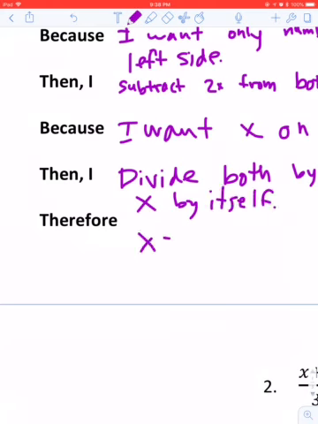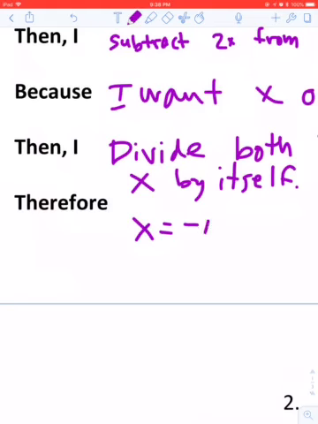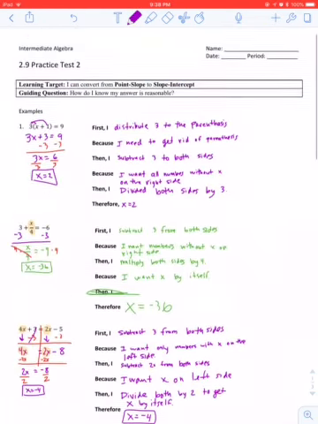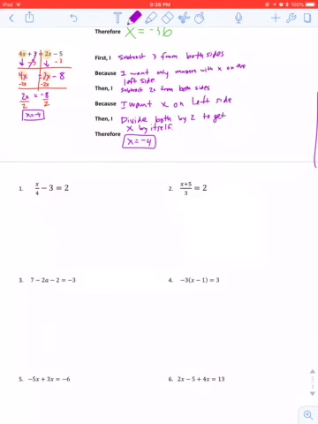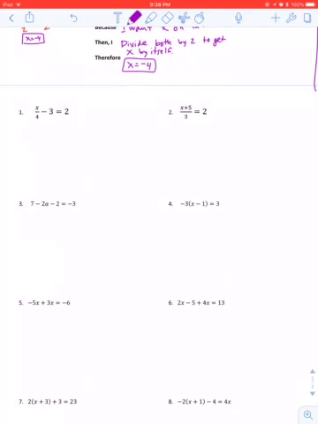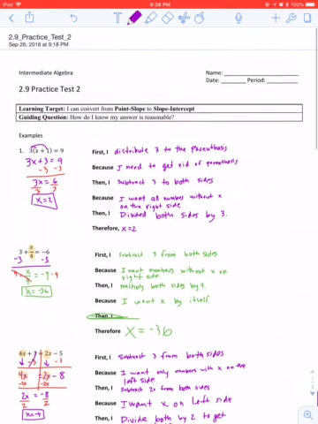Therefore, x is equal to negative 4. So I want you to try that. You don't have to write that for all of them. We're going to do this as a class activity where I only want to see you do that on one to get the idea and the habit of explaining what you're doing.